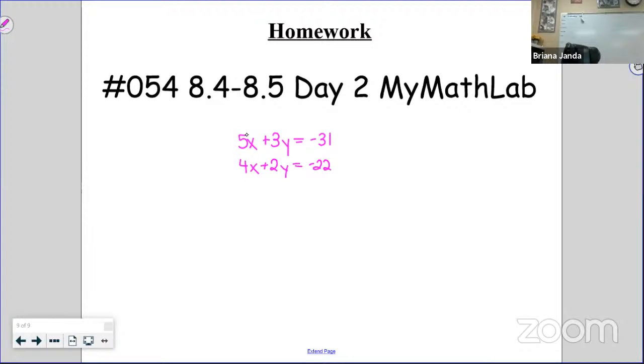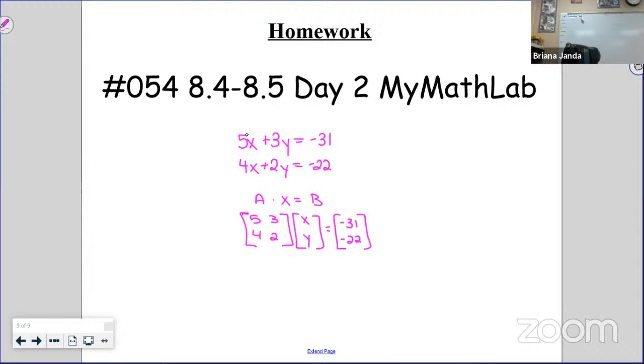So this will be on your non-calculator part of your quiz: to write the matrix equation AX equals B. And again, I would show the right matrices. But notice my variable matrix just becomes X and Y because that's the only two variables I have, right? So this is how it translates to a smaller matrix or a smaller system.